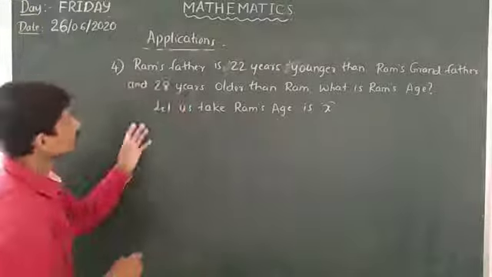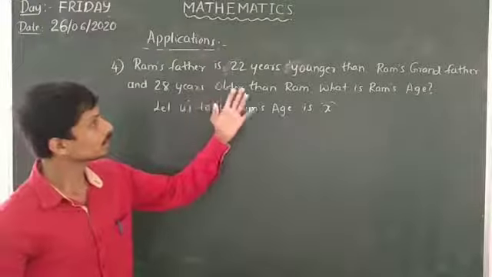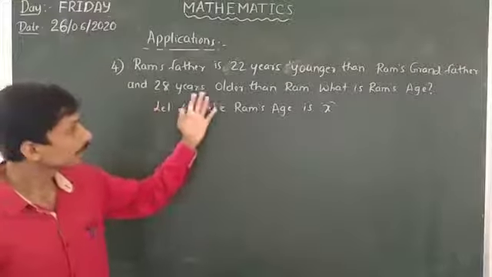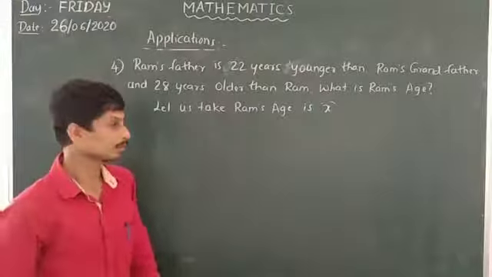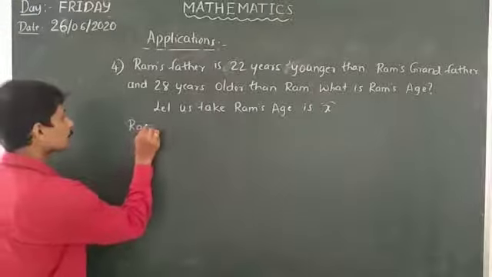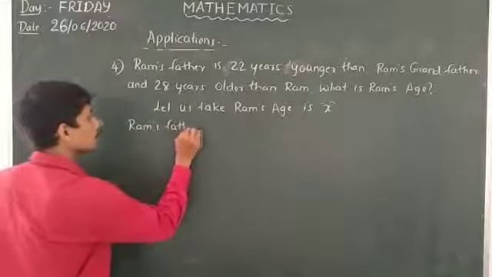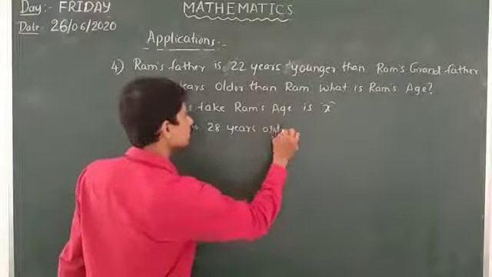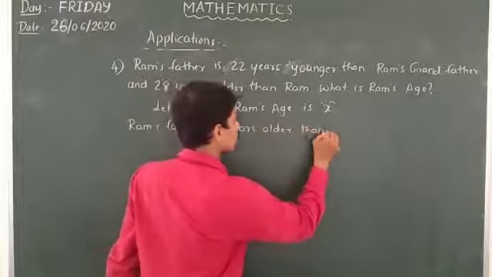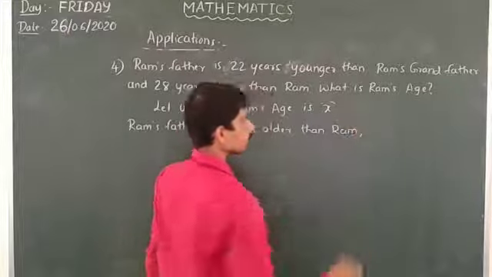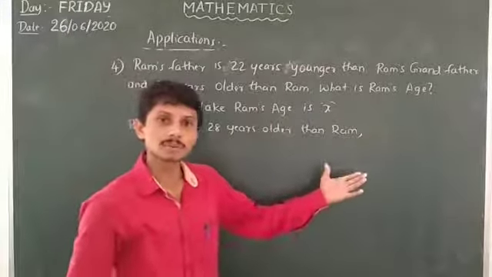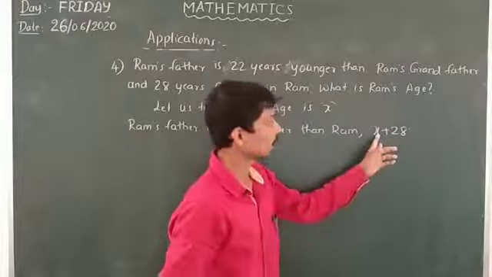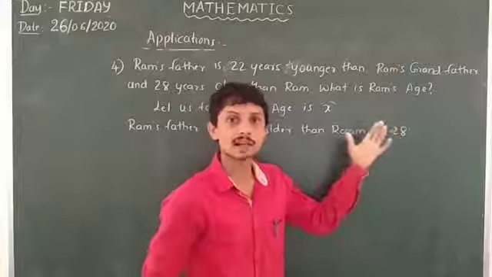Ram's father is 22 years younger than Ram's grandfather, and Ram's father is 28 years older than Ram. So Ram's father's age is x plus 28, that is, we add 28 to Ram's age.